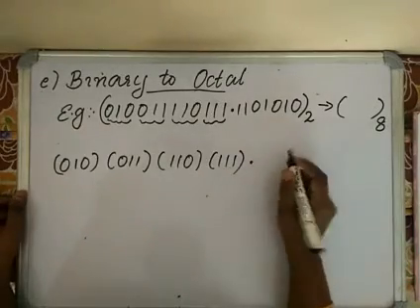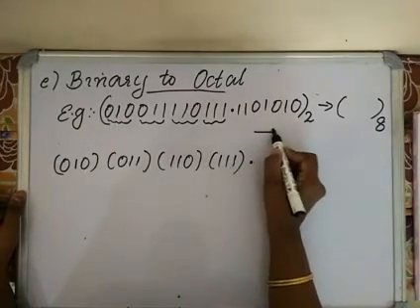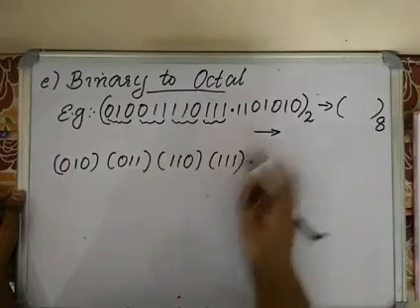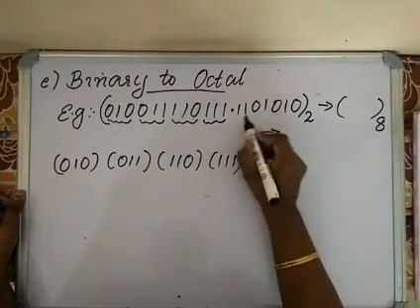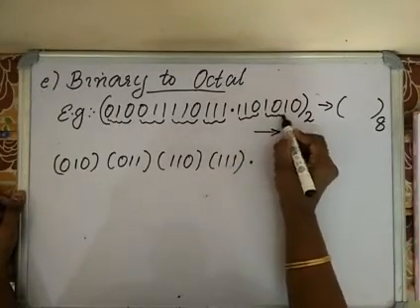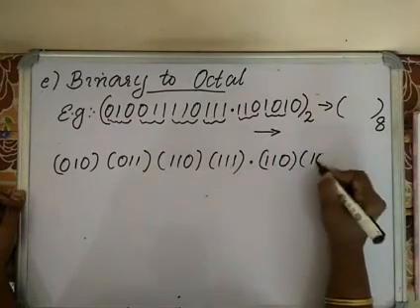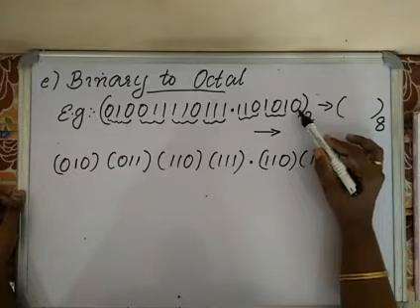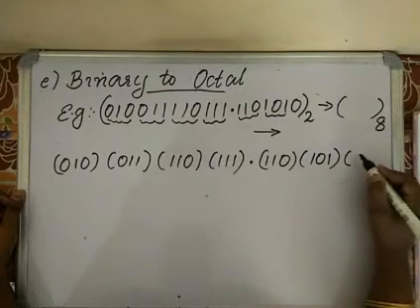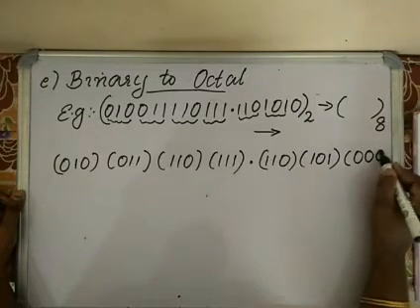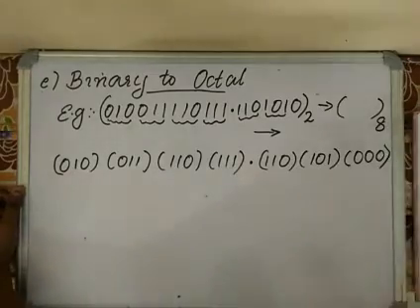Similarly, for the fractional part, we group from the decimal point. So 1, 1, 0 is a group, 1, 0, 1 is another group, and 1, 0, 1 is another group. Here we have only 0, so we can make it into a group 0, 0, 0.